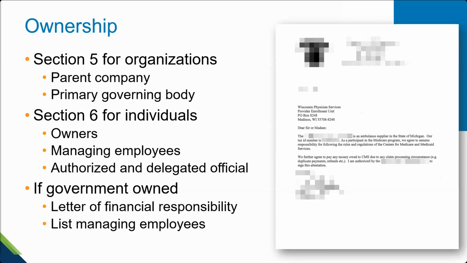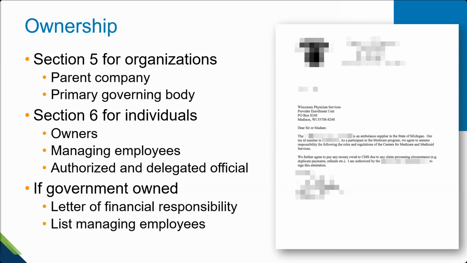So we're not looking for that individual oversight. We are looking for that government body to say, yep, whoever is part of this governing body is going to be legally and financially responsible. And then reporting those managing employees and authorized and delegated officials in Section 6.